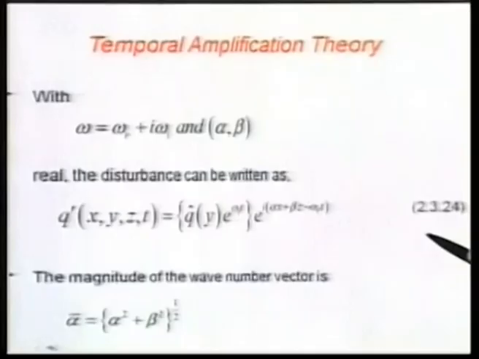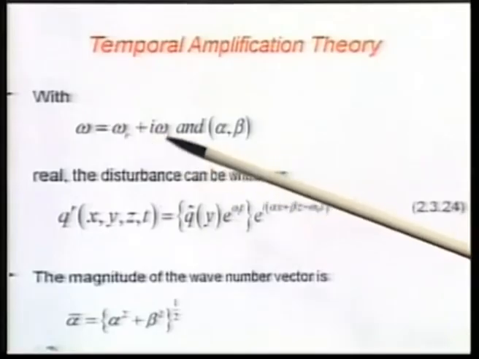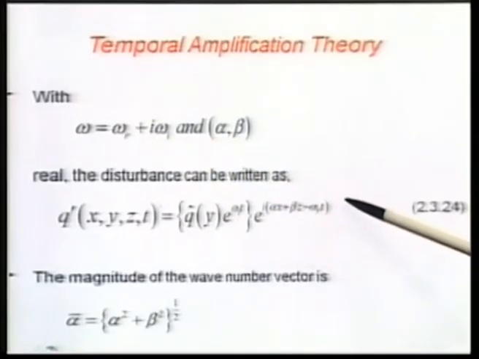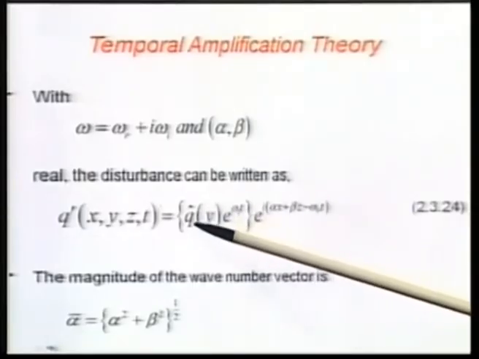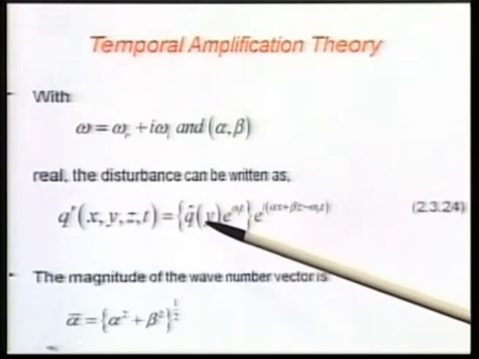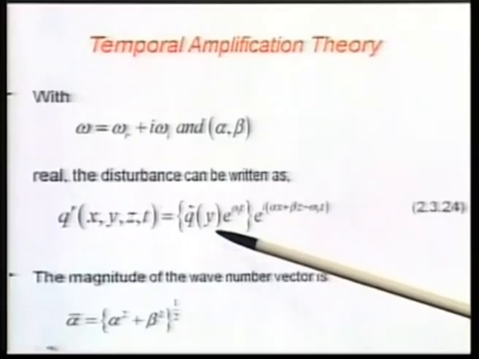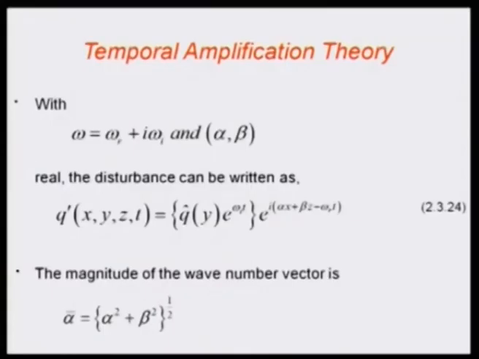That is easily perceived if I substitute omega as omega_r plus i omega_i. So, the omega_r part remains in the phase part, and the omega_i part I could put along with the amplitude of the disturbance quantity, right. So, this quantity in parenthesis here is basically the net amplitude.